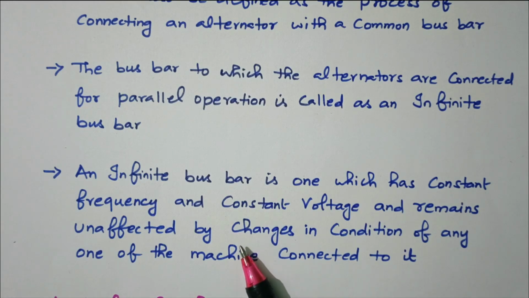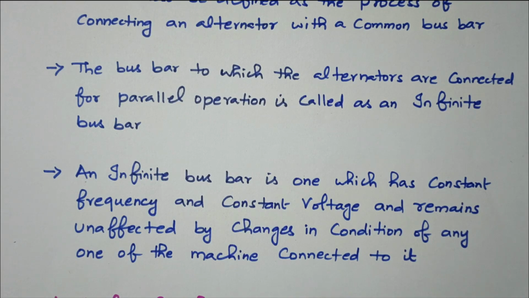The performance of the bus bar should be unaffected. That is called an infinite bus bar. So the synchronization is nothing but connecting more than one alternator into the bus bar without any interruption.